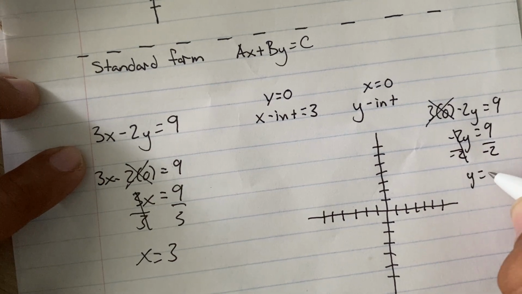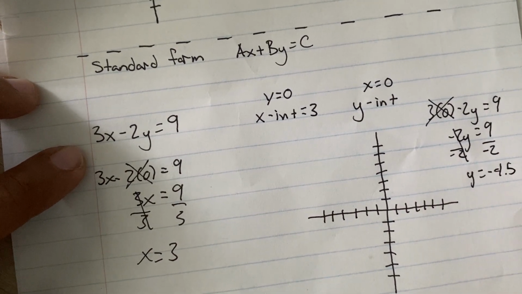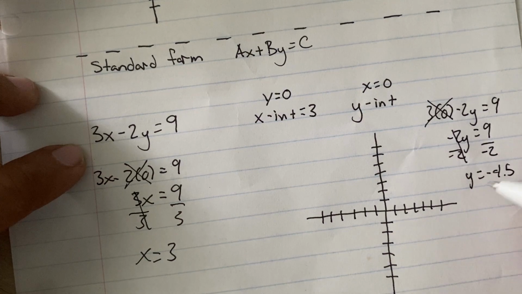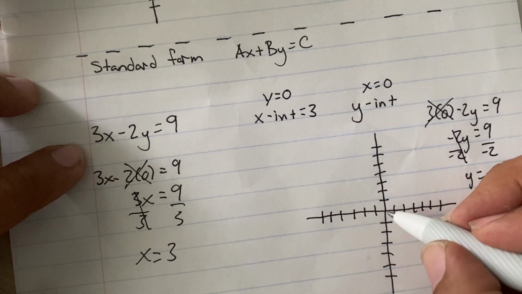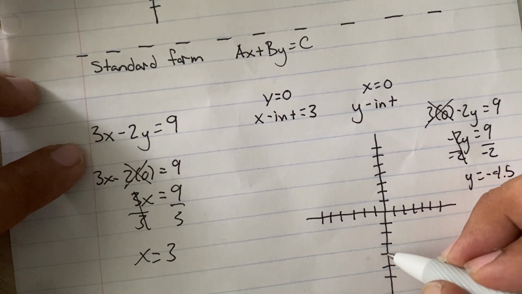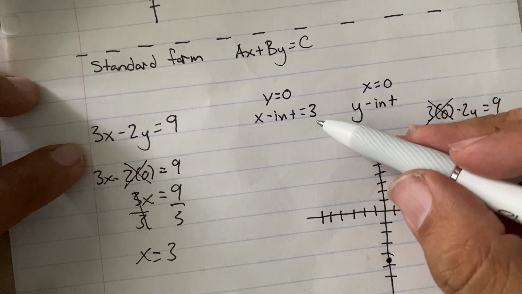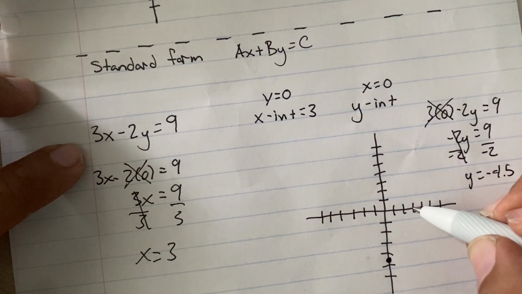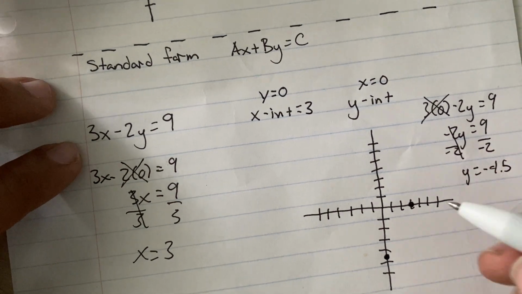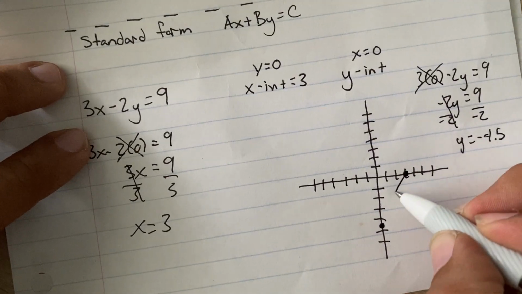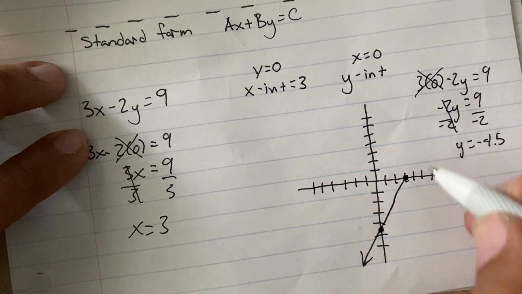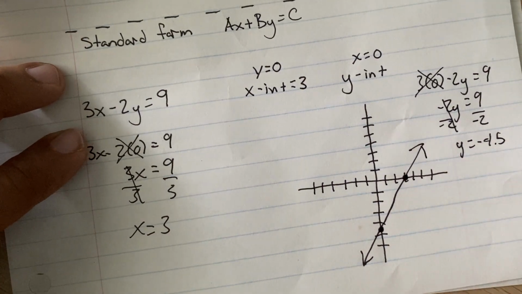Y equals negative 4.5. So I know where the y-intercept is. It's negative 4.5. 1, 2, 3, 4.5. And the x-intercept is 3. 1, 2, 3. I have 2 coordinates. I can now connect them. And that's how you graph in standard form.